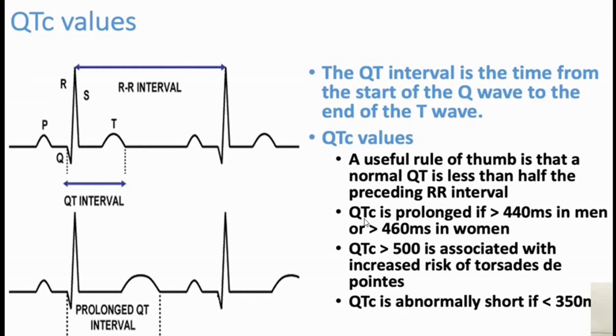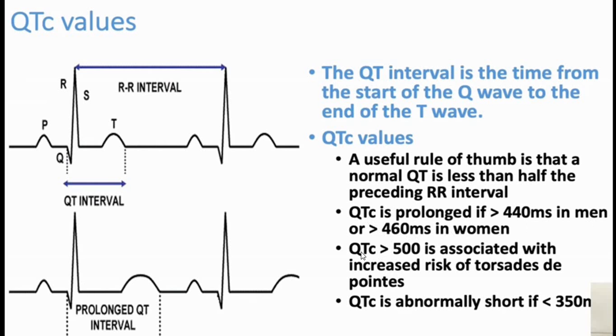While for QT prolongation, ideally we calculate QTc, that is called corrected QT interval. If it is more than 0.44, or 440 milliseconds in male and 460 milliseconds in woman, we'll label that as a prolonged QT.